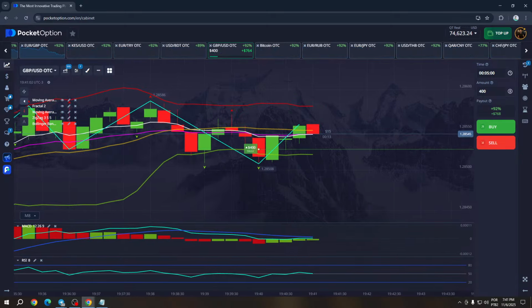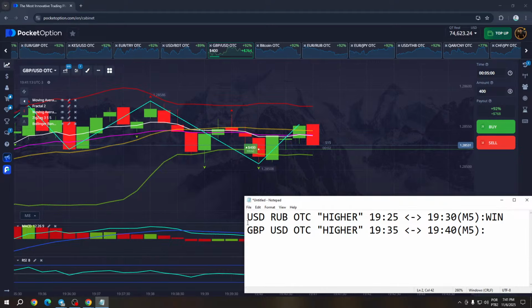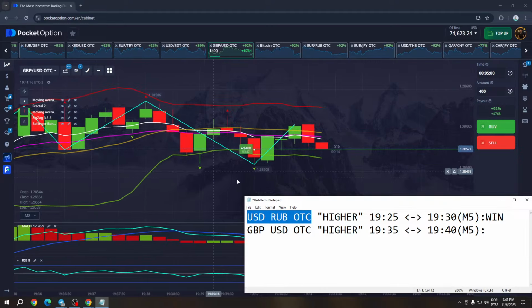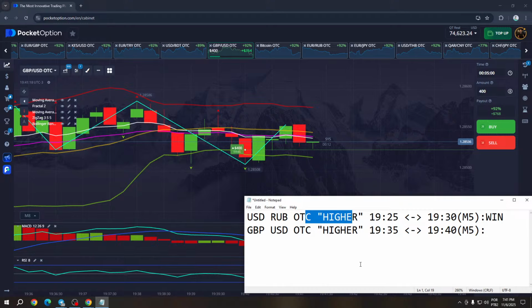For the signals, I have a kind of script. I just need to do the same that I perform here. I need to put the pair that I get the analysis at the time and send the button, and click enter to send on the group.